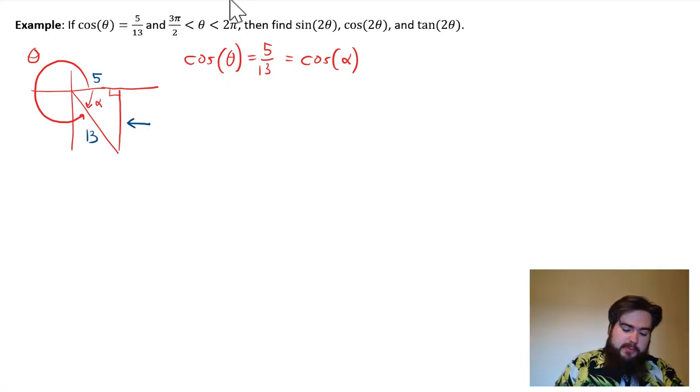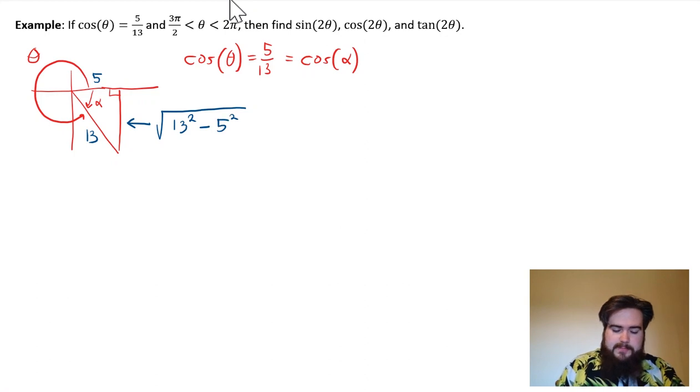So all we need to solve for is the opposite side here, which is the square root of 13 squared, the hypotenuse squared, minus the adjacent side squared. And thankfully, this actually is a Pythagorean triple if you happen to notice it. If not, this gives us the square root of 144, which is equal to 12.